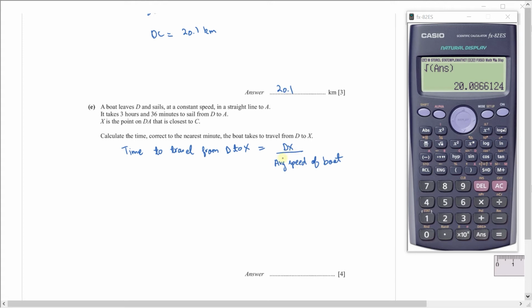So we need to calculate DX and the average speed of the boat. So we can first calculate the average speed of the boat.